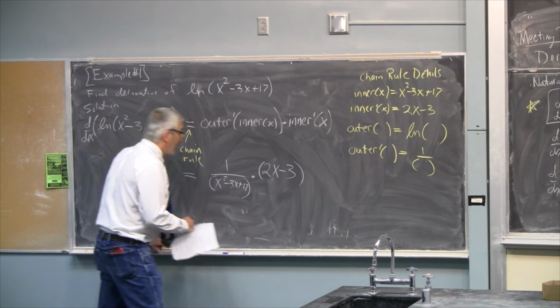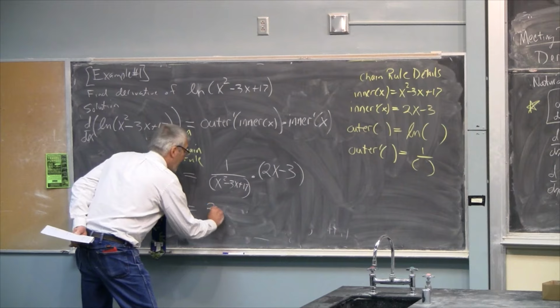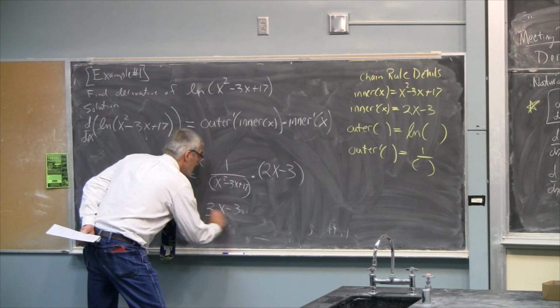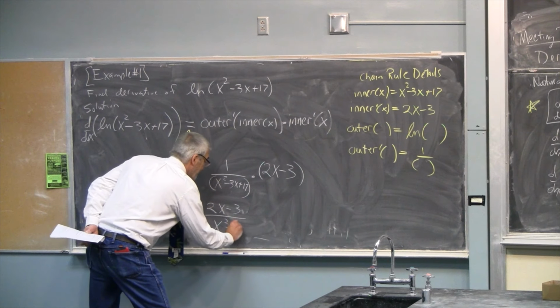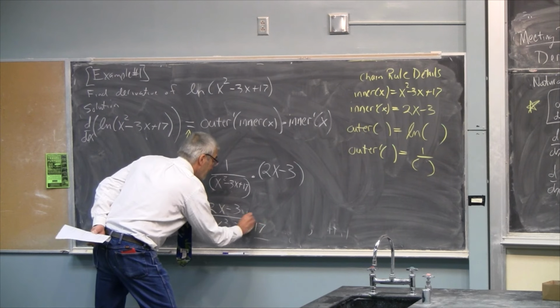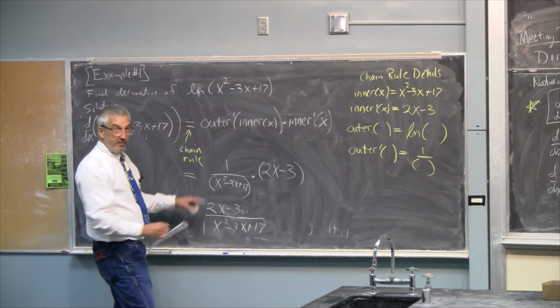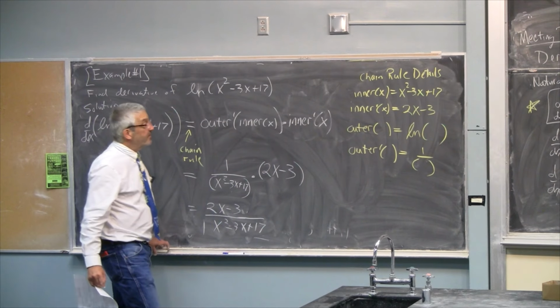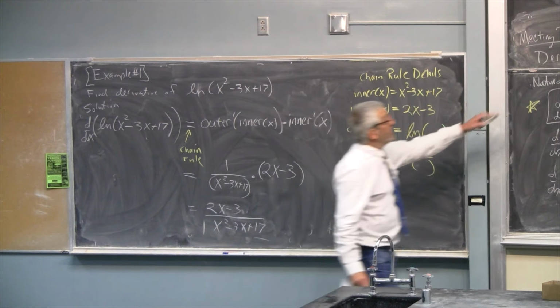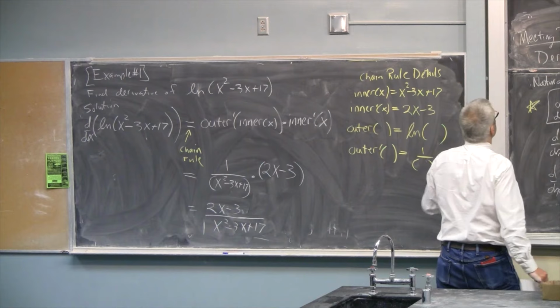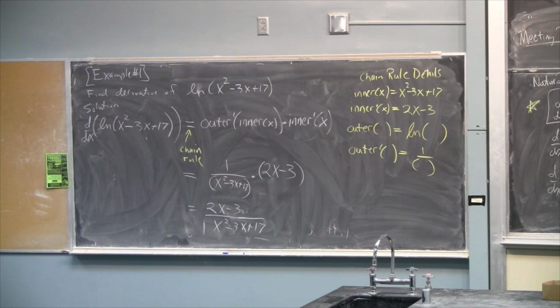If I wanted to, I could tidy this up. This would be 2x minus 3 over x squared minus 3x plus 17. So again, there is no 1 over x here. There was no ln of x.